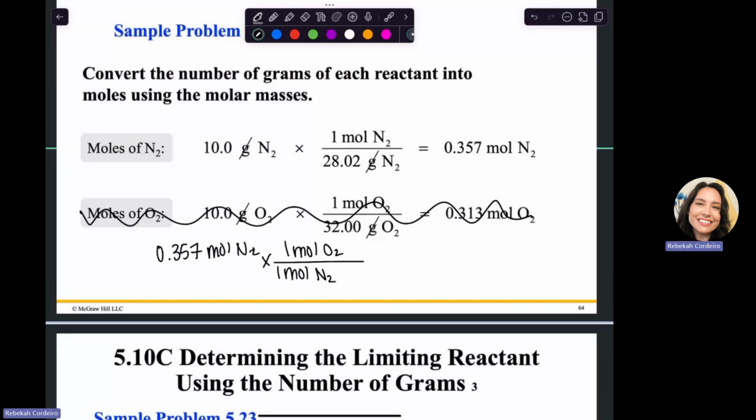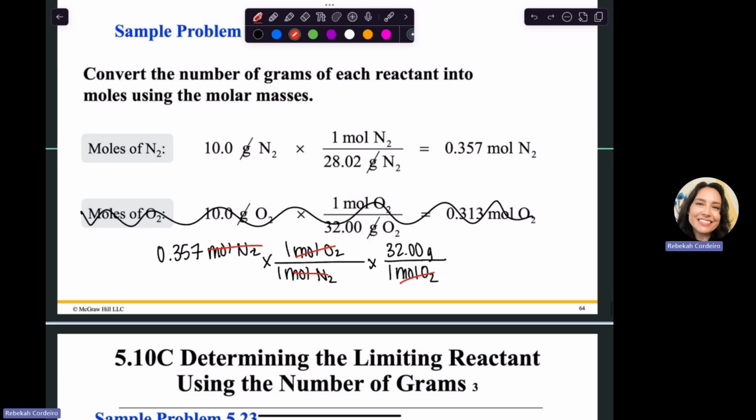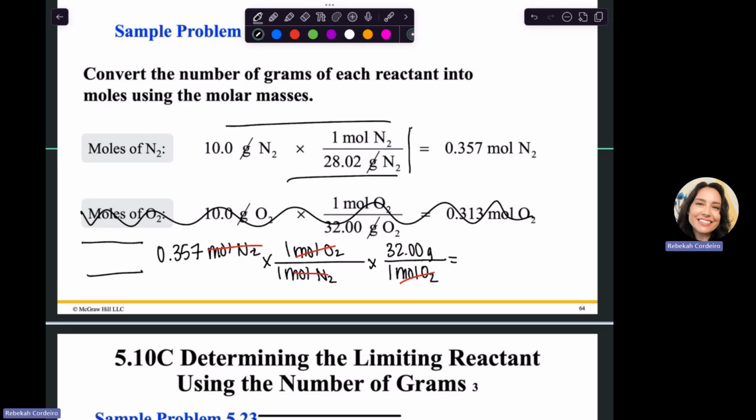And then we need to find the grams of O2 because they give us grams. This one, they did a bunch of extra work here. I don't know why. So let's just find the grams of the O2 that we need to react with our N2. So imagine that all of this is connected to all of this right here, and we just did it in one long dimensional analysis.